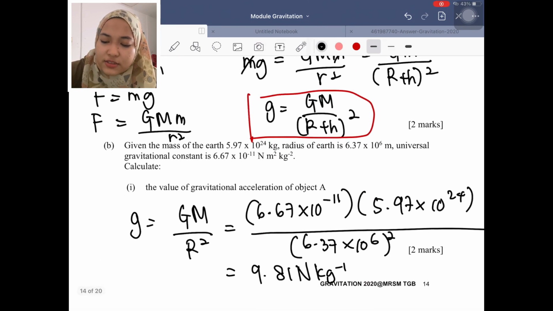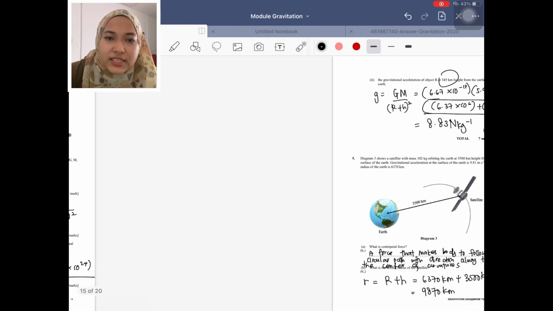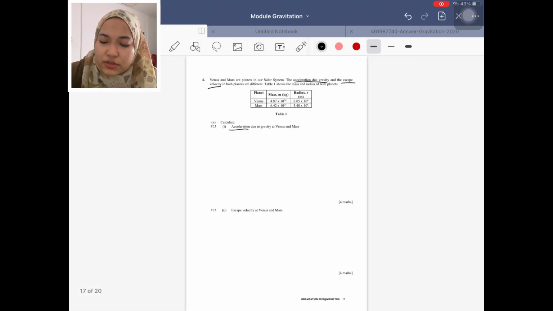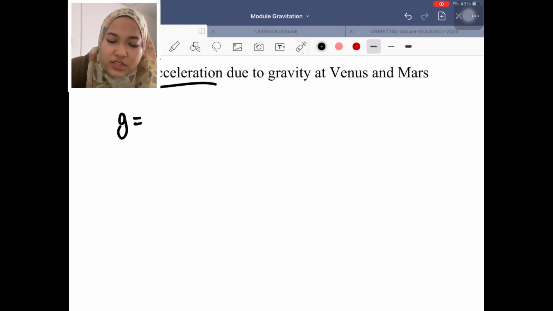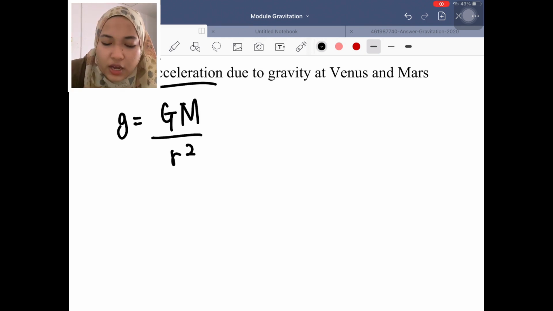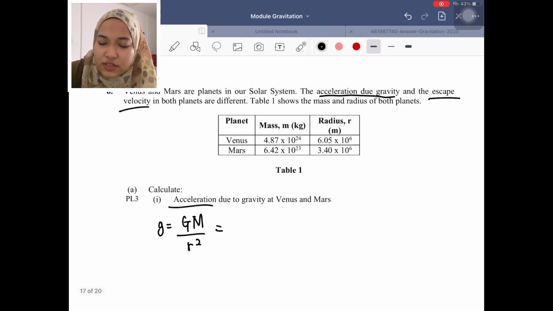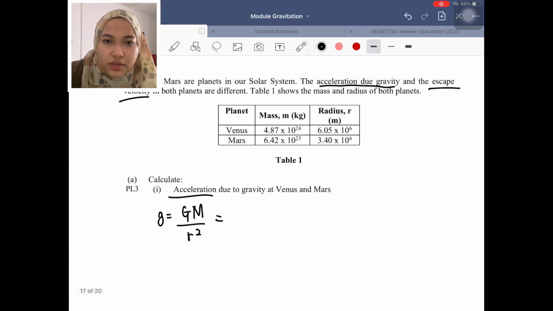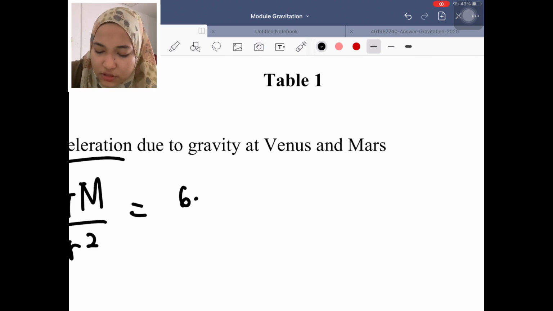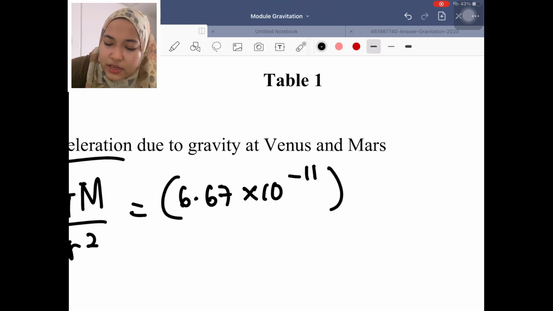Okay, so formula for gravitational acceleration, kita dah buat dah tadi. G equals to GM over R squared. Okay, so G constant of gravitation, so 6.67 times 10 power of negative 11.